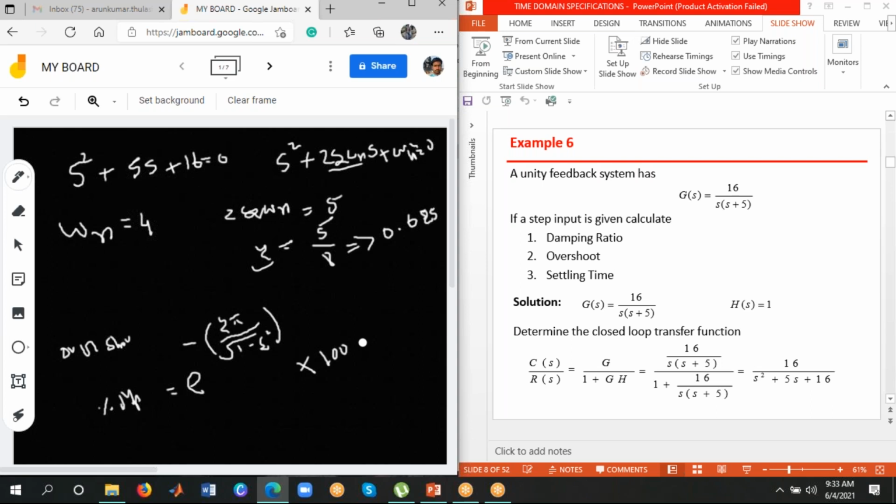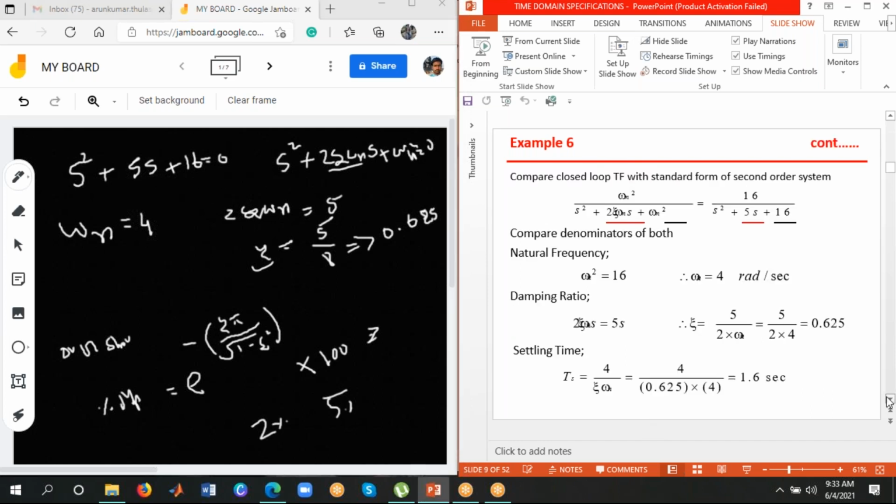Right, we will check the answer. Next, settling time. They didn't specify 2% or 5%, so we have to calculate for both, 2% and 5%. So you will see the answer for this maximum overshoot. This is the value of zeta, 0.625, and the settling time.